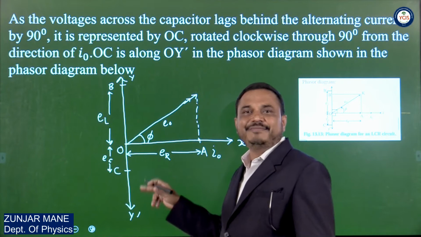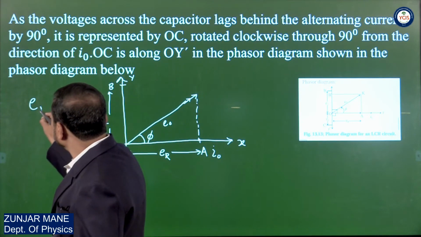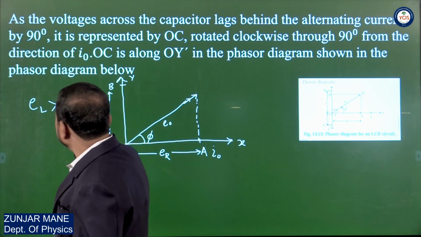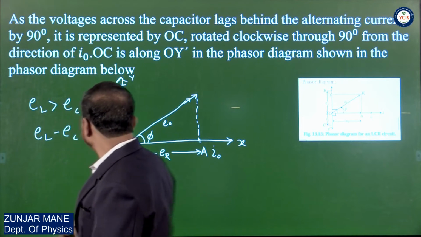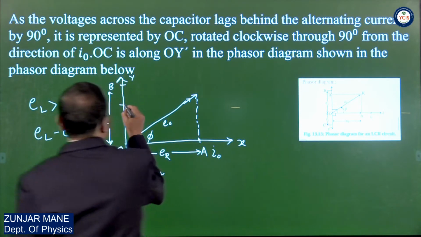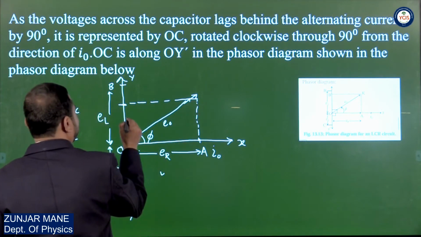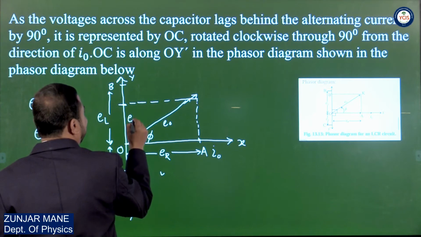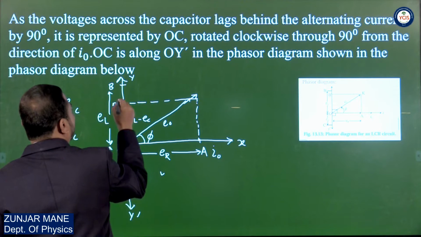Here, if EL is greater than EC, then the resultant of them is given by EL minus EC. If we subtract, we get this value, EL minus EC, and it is represented by OB dash.